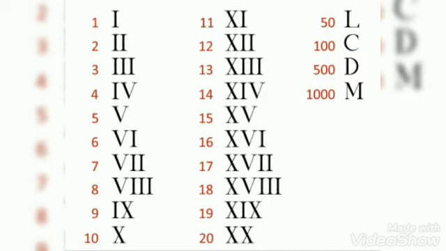Similarly, the numbers up to 9, 10, even up to 20 you already know. The things which you will deal with in this video and in class 5 are 50, that is L, 100, that is C, 500, that is D, and 1000, that is M.